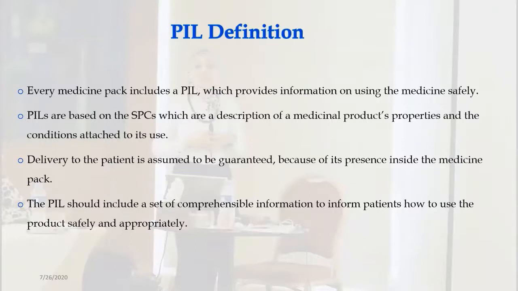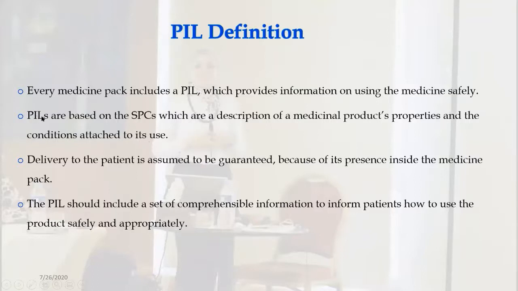So for the SMPC, we have talked about it. So let's talk about the PIL. The definition of the PIL: in every medicine pack, we shall include a PIL. The patient information leaflet will provide information on using the medicine safely.